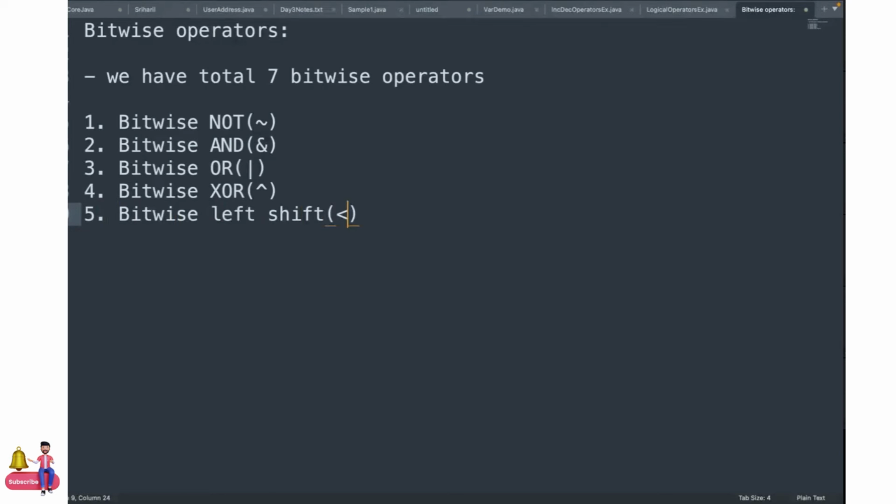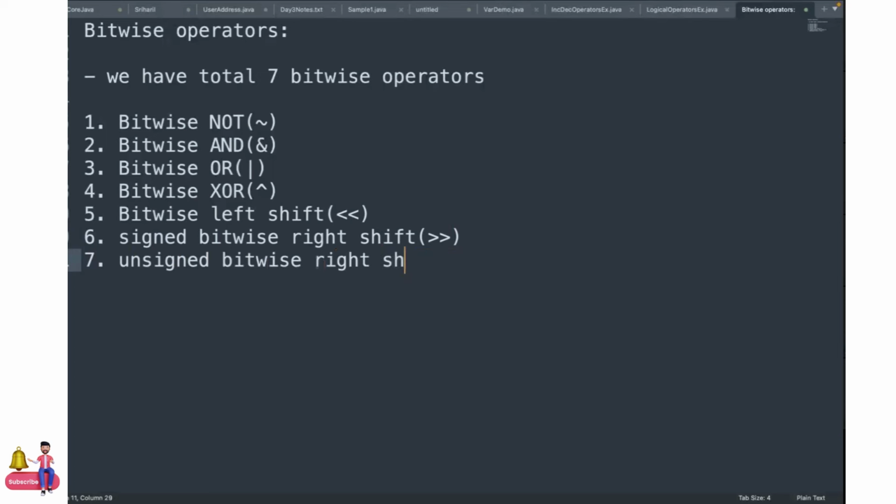And we have two more operators, the signed bitwise right shift operator, which is represented using two greater than symbols, and one more right shift operator, which is the unsigned bitwise right shift operator, represented using three greater than symbols.